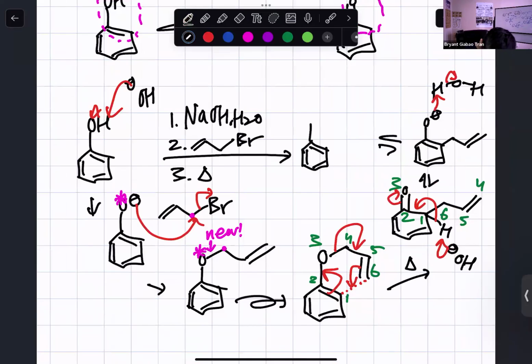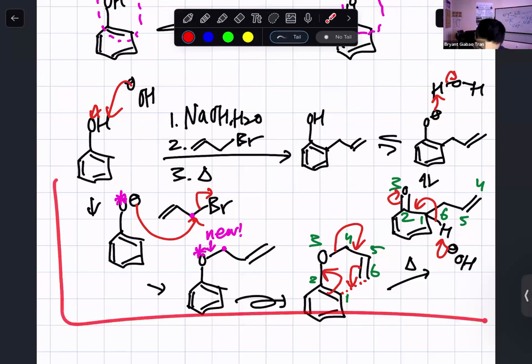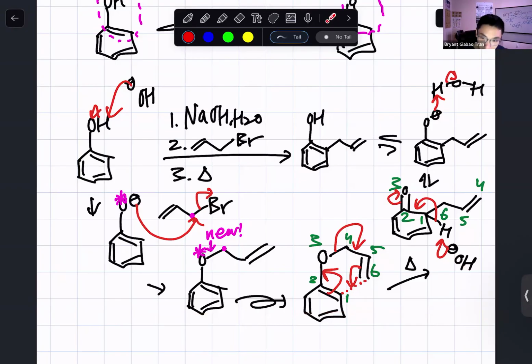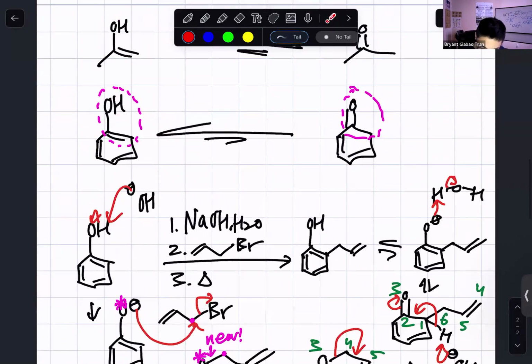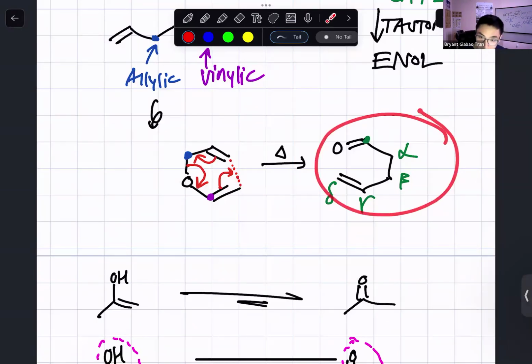In this case, we see that we added this specific R group ortho to the OH group right there. So this is a specific kind of Claisen rearrangement problem, and every time this chapter comes up, I've always seen this type of problem on the exam, with the tautomerization step. The example I gave you earlier, we didn't have to tautomerize because the carbonyl form is at its most stable form.